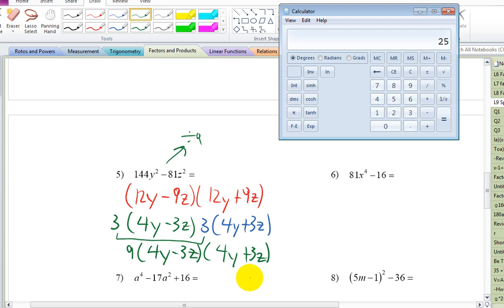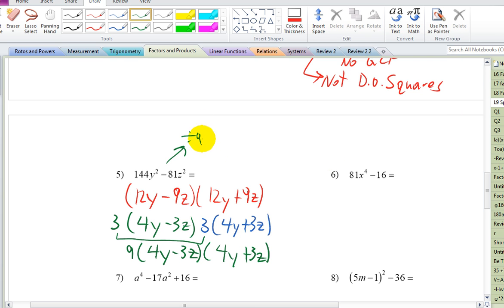What's 144 divided by 9? 16. So you'd get 9 bracket 16y squared minus 9z squared. Okay? So you have to make sure that you are at prime factors.